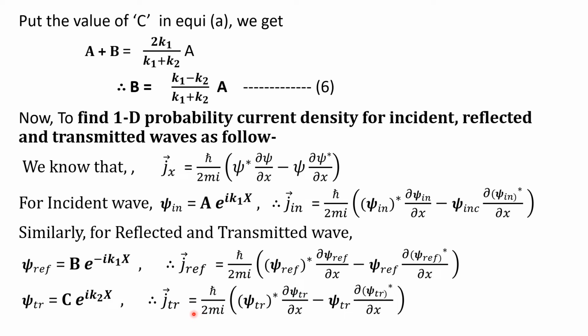Similarly, the probability current density for the transmitted particle flux is h cross divided by 2mi into psi star transmission into dou psi transmission by dou x minus psi transmission into dou psi star transmission by dou x. Now we put these two terms and their complex conjugates and we find direct results.